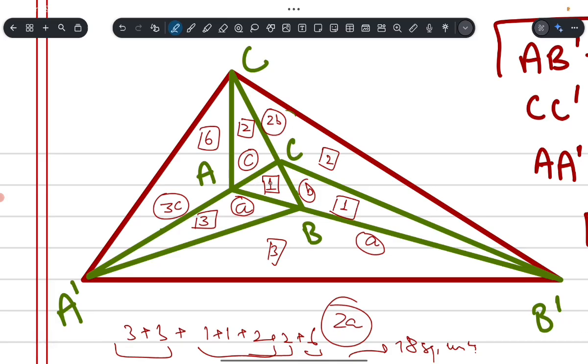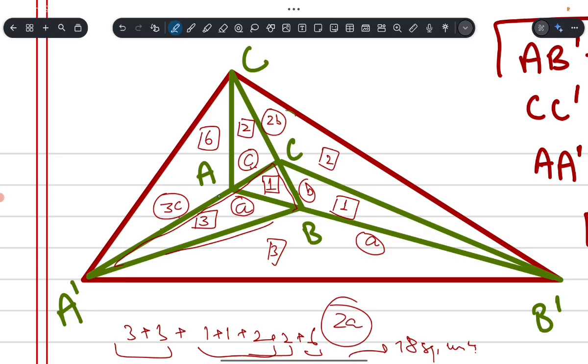We are provided that the area of this small triangle is 1. I want you to focus on this triangle. Look at this. We have the same height. We have a common height between these triangles. This and this. So the ratio of the areas would be what? The ratio of the areas would be the ratio of their bases. The ratio of their bases is given to be 1 is to 3.